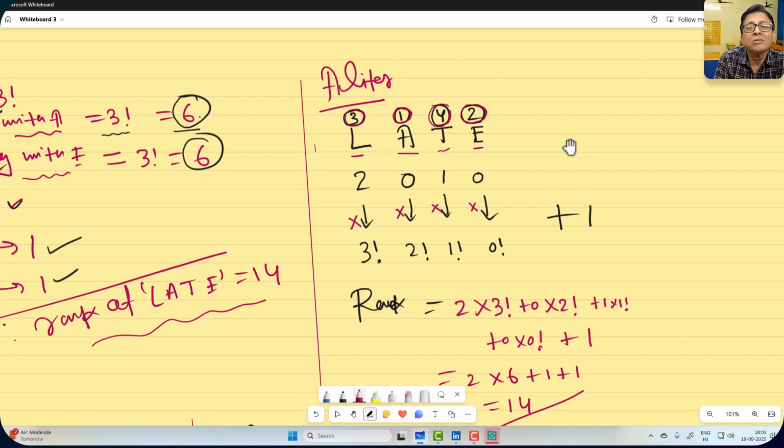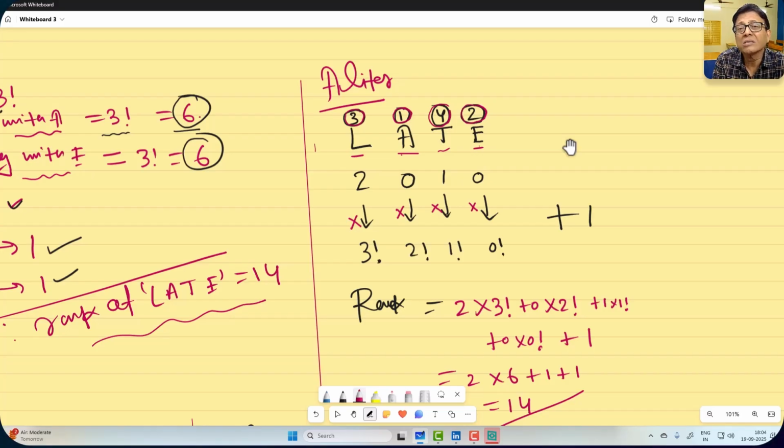Now what will you do? Just below L, you look at the letters lying on the right side of L whose ranks are less than the rank of the letter L. It is A and E, so it will be 2. For L it is 3, then A is 1, T is 4, E is 2. For A, how many are there?